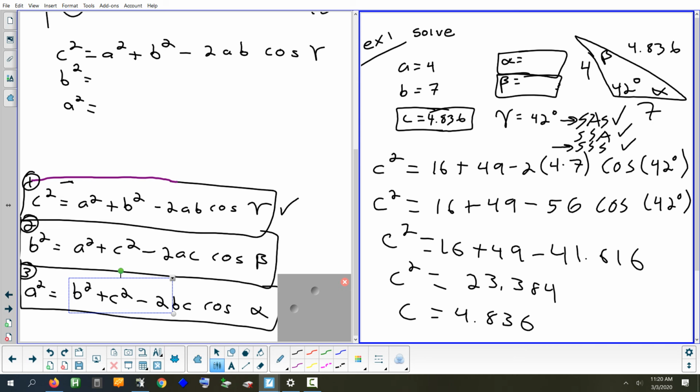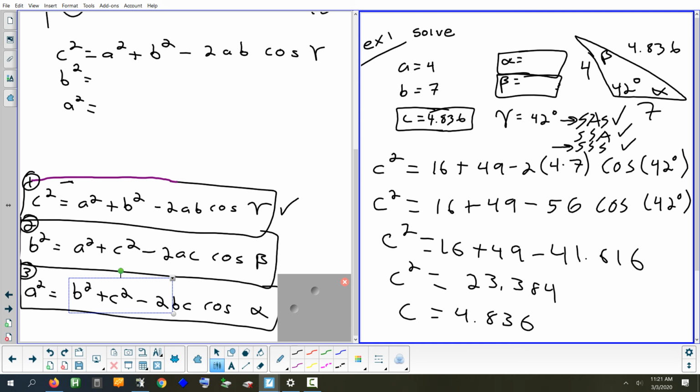Why is that something I usually want to avoid? Well, not just because it's the law of sines, but something about this particular case. This could give me the two answers, the one answer, or the no answer. When we're doing law of cosines, there is only one answer. So we don't want to have to deal with the two solution thing and all that.